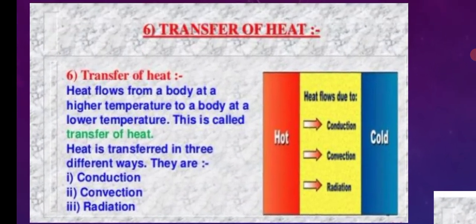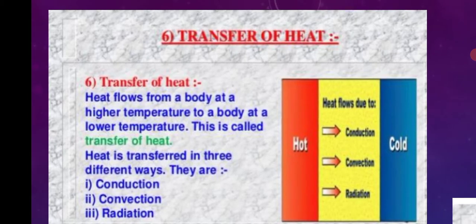Now we have to study the transfer of heat. The transfer of heat can occur through any of the following three methods: first, conduction; second, convection; and third, radiation. Conduction.